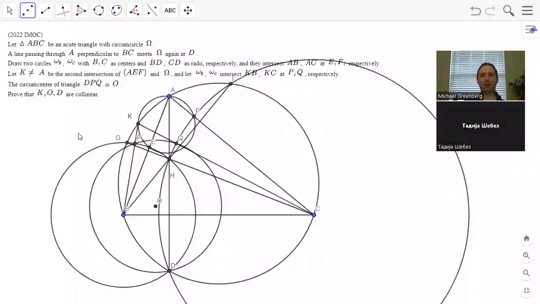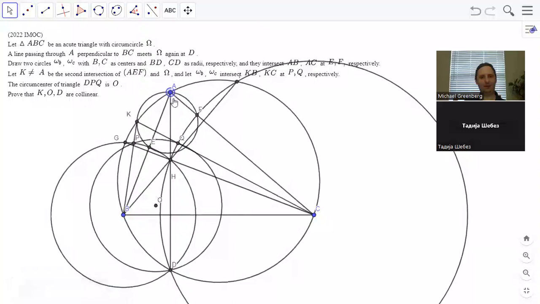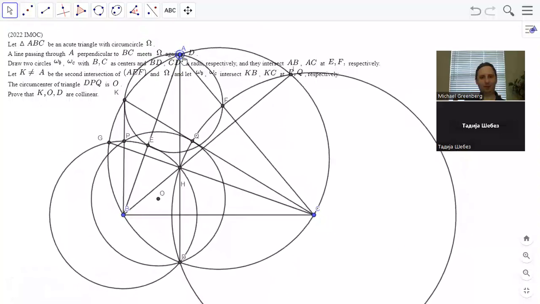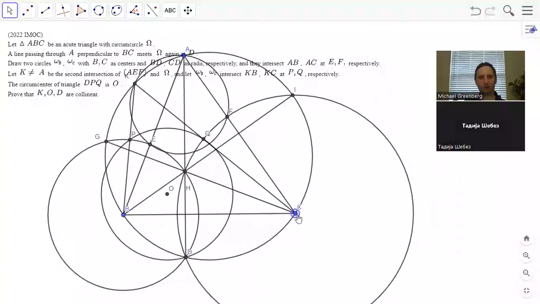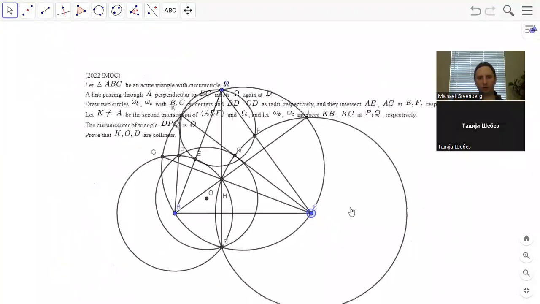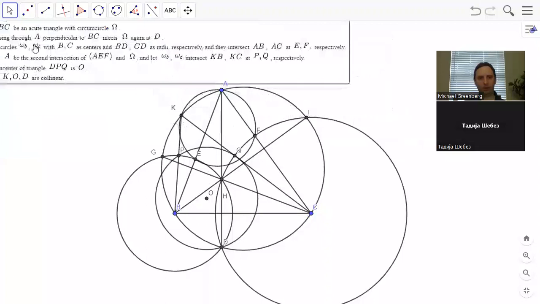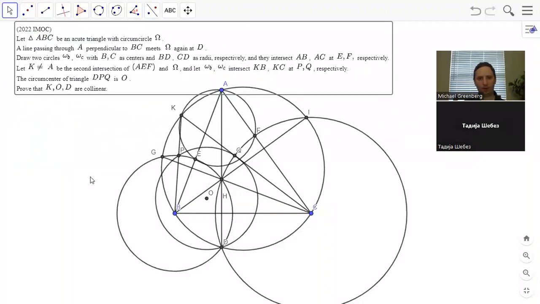This is just so random. Let's see the best way to draw. I think if this is like a tall triangle, it makes it easier to draw. We'll just shrink the figure a little bit. But I kind of like that.